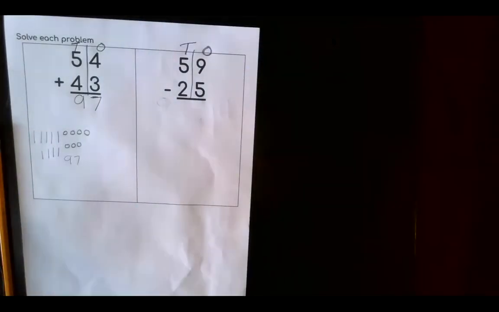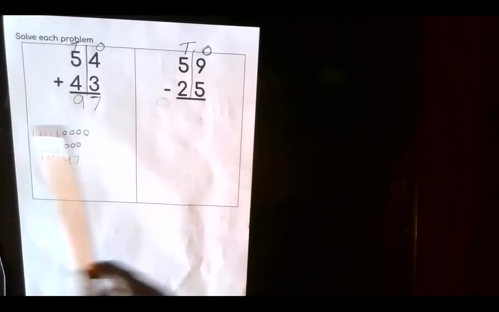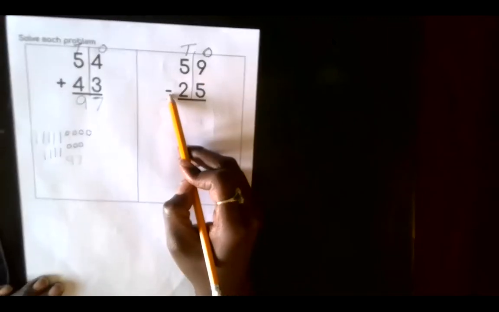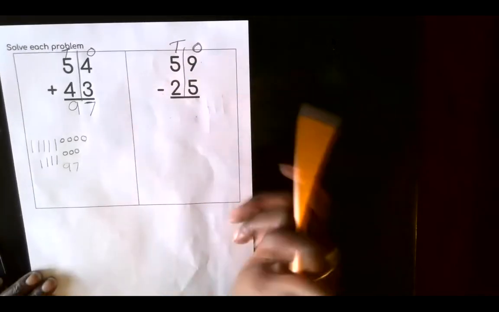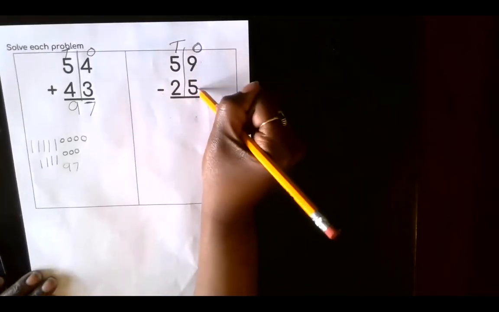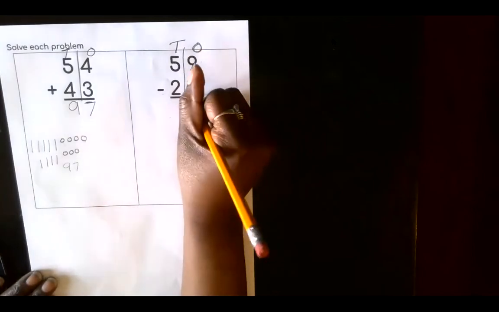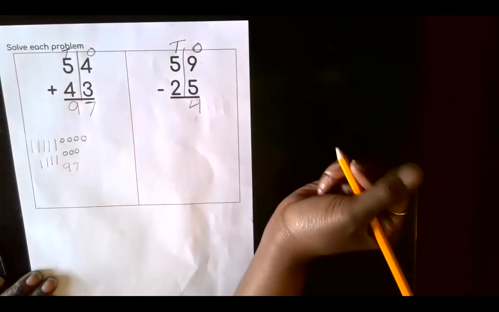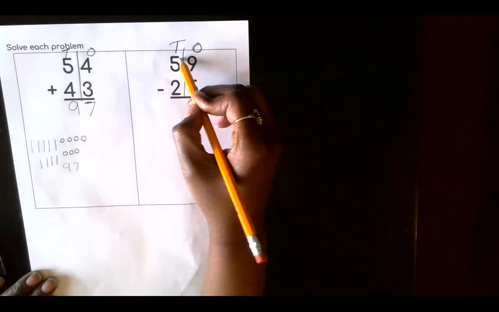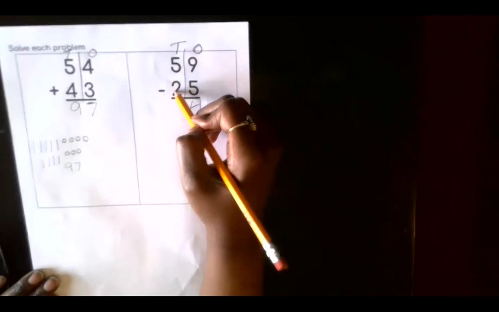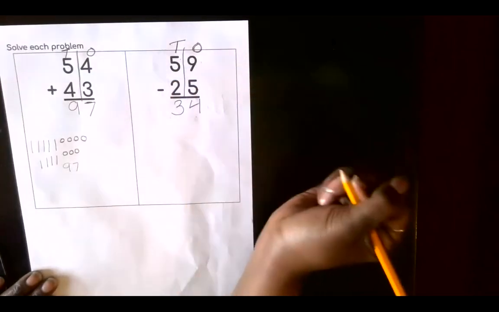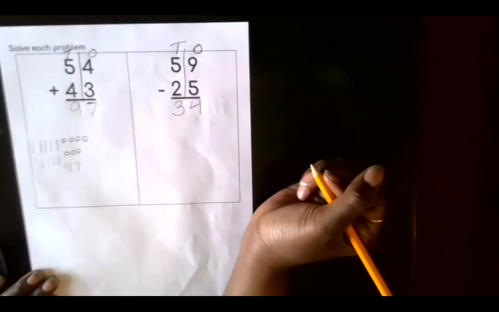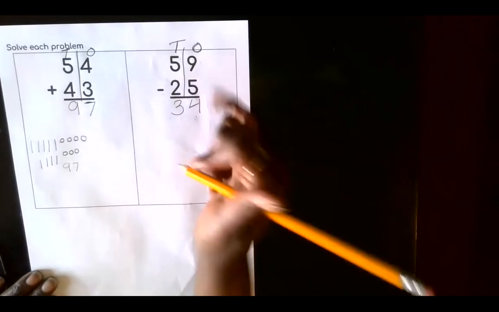All right, let's look at the next problem. 59 minus 25. Minus, we're taking away here. 9 minus 5 is 4. 5 tens minus 2 tens equals 3 because 5 minus 2 is 3, 34. I'm going to check it with the picture.